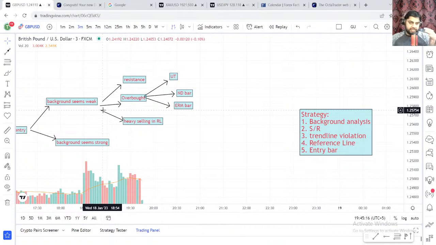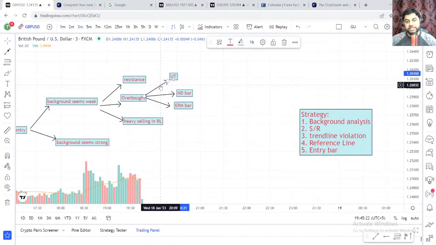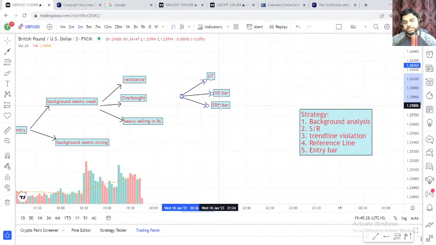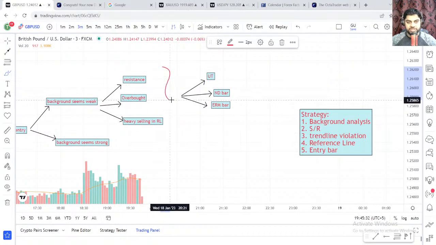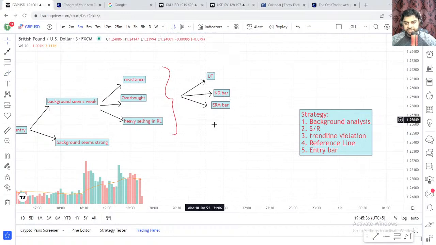Do you see this thing? If you see all these 3 things, what you will do then is take an entry if you find this kind of bar. What kind of bar? Any of these 3 bars will be okay. If you see these things, then you can take an entry just like this.